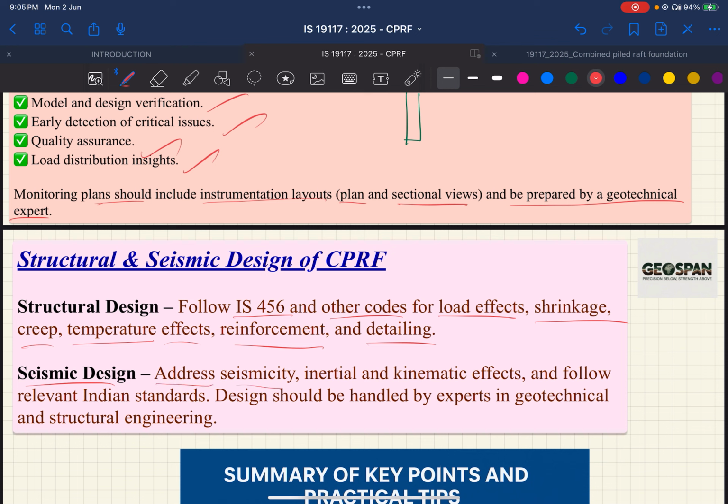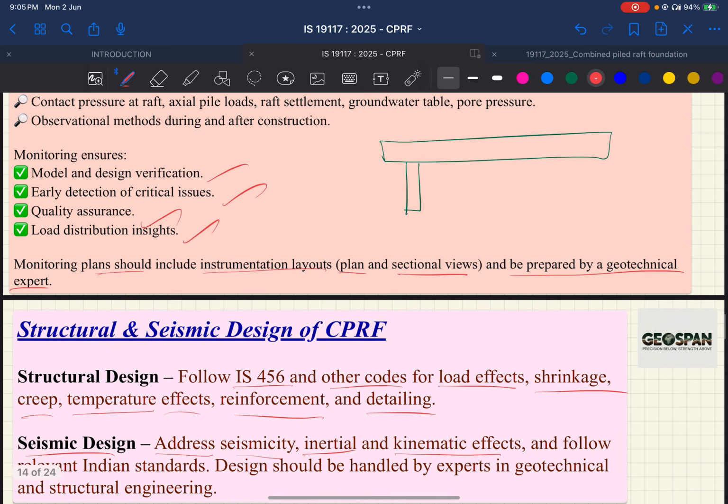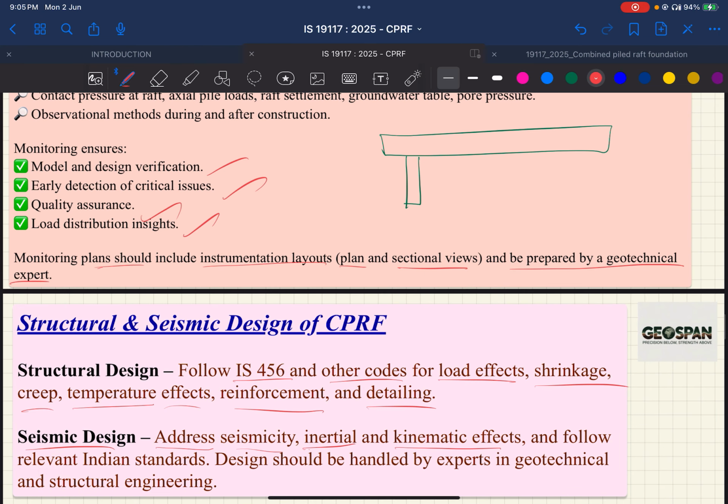It addresses the seismicity and inertial and kinematic effects and follows the relevant Indian Standards, and it will be designed accordingly and should be handled by experts in geotechnical and structural engineering.